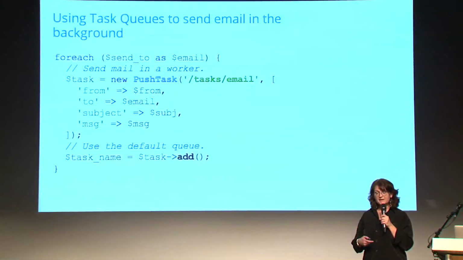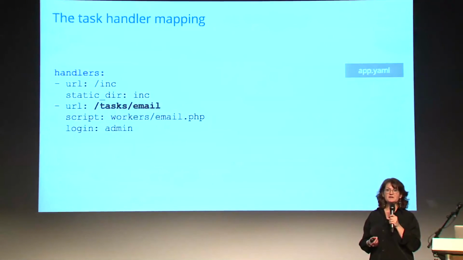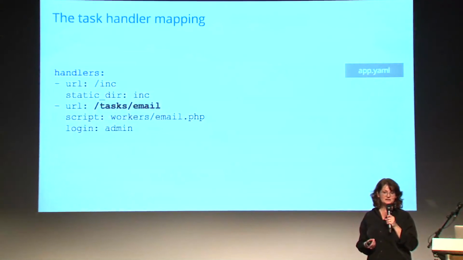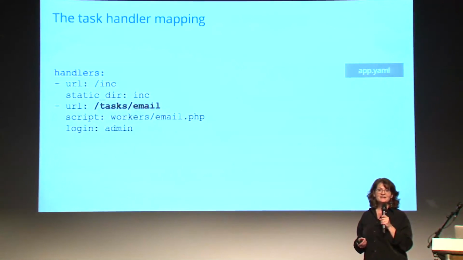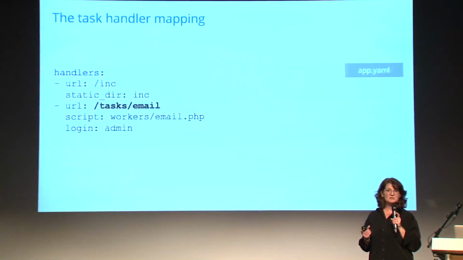Okay, so we're defining a task for each email we want to send, we're adding them to the task queue, and then they run in the background asynchronously. So the next piece of the puzzle is, how exactly do they run? You already know how to write these. These are just request handlers like any other request handler. So we're defining a mapping in the app.yaml from tasks email to the email.php script that implements this task.